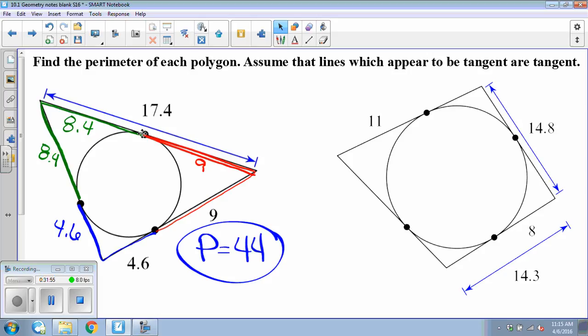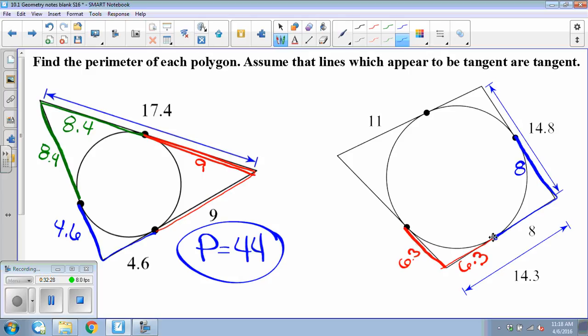Now y'all do the second one. Okay, so if this whole thing's 14.3 and this is 8, 14.3 minus 8 is 6.3. And if that's 6.3, that's 6.3, right? Now, if this is 8, what's that? 8.